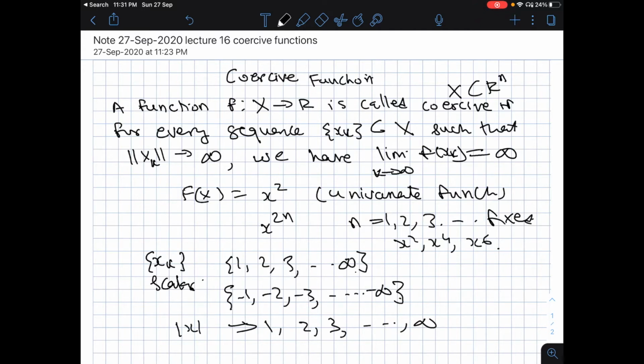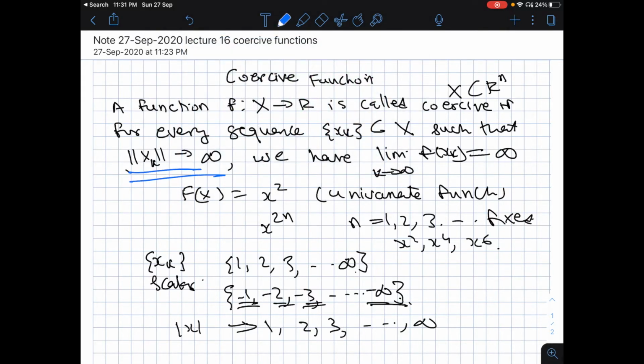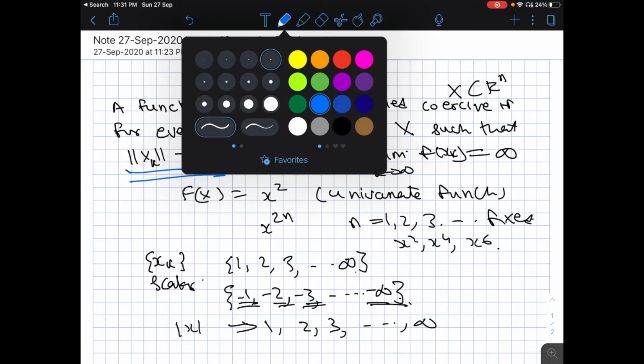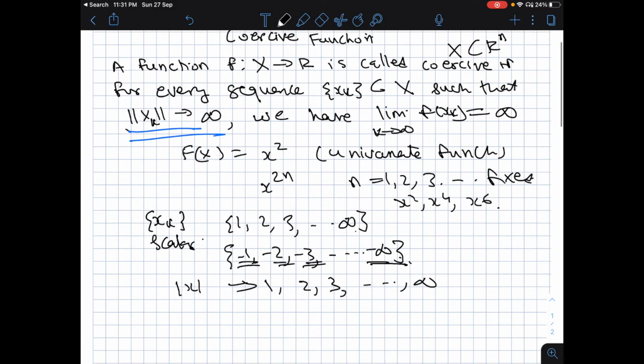So the numbers per se can have negative elements in it. I am not worried about that. I am only saying that the length of the vector goes to infinity. So in general, the length of the vector goes to infinity. Here, in case of a univariate thing, the magnitude of the number goes to infinity.